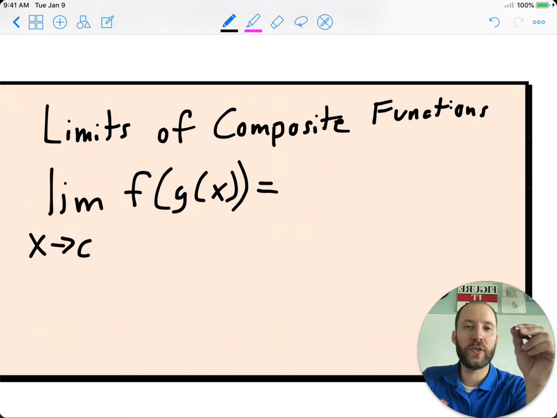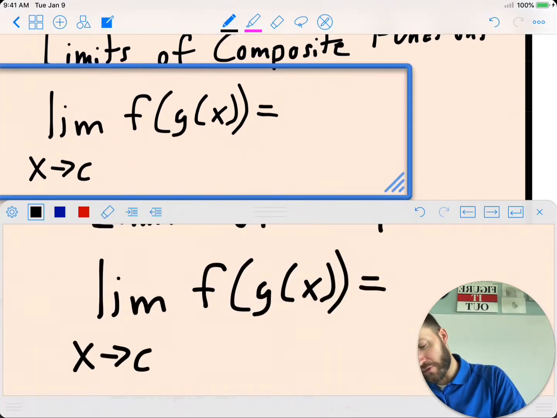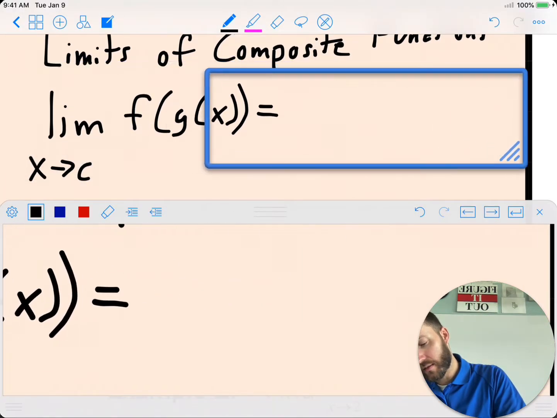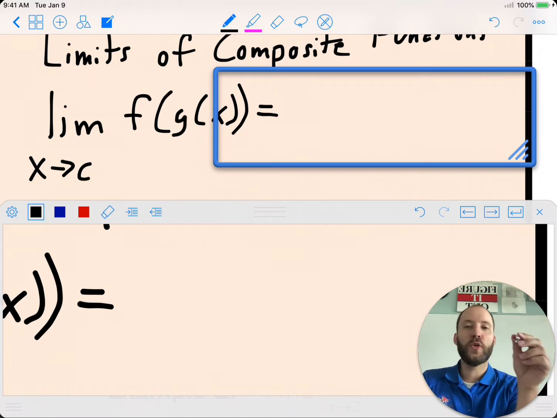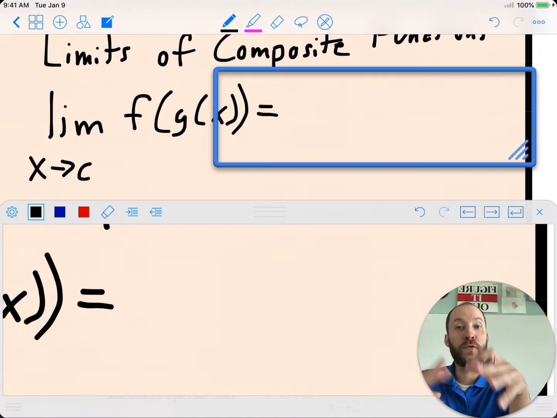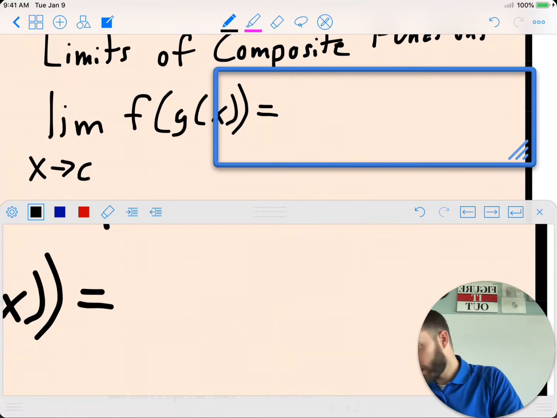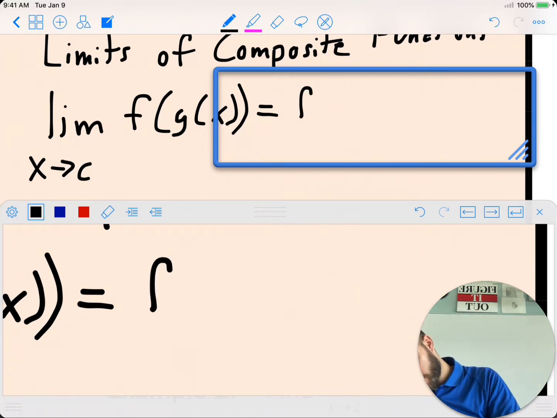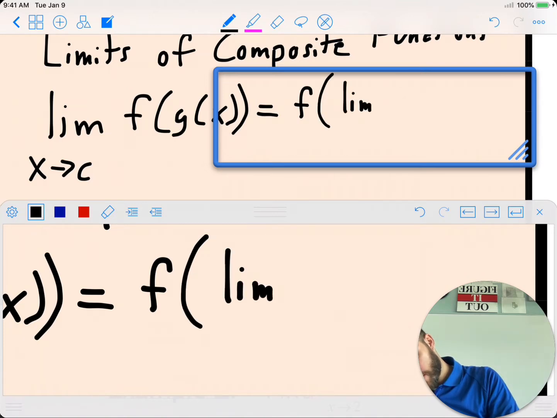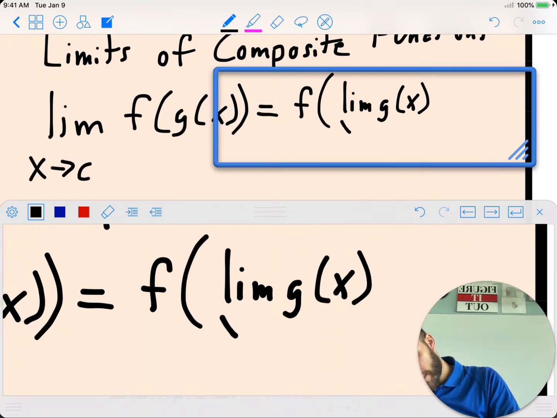If you want to do the limit of a composite function, you want to deal with what's inside first. So you want to deal with g of x first. So f of the limit of g of x as x approaches c.